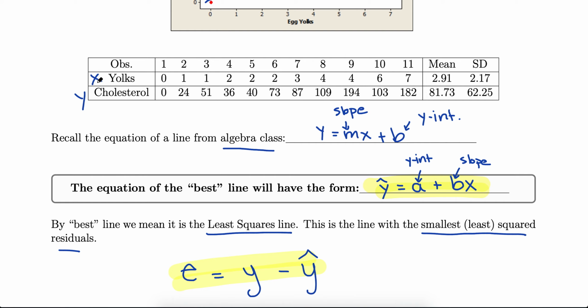That's y, and x is what's influencing it. The mean of the x variable is x bar, and the mean of the y variable is y bar. Standard deviation is normally s, so we'll use subscript x for the standard deviation of the x variable, that's the 2.17, and sy is the standard deviation of our y variable. Now that we have some ideas down, in the next video we'll actually work out one of these problems.